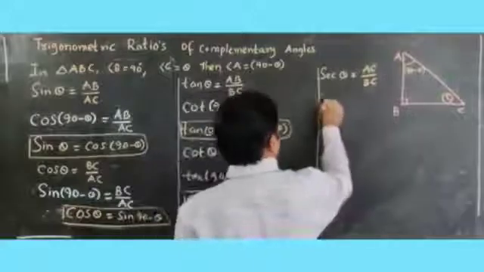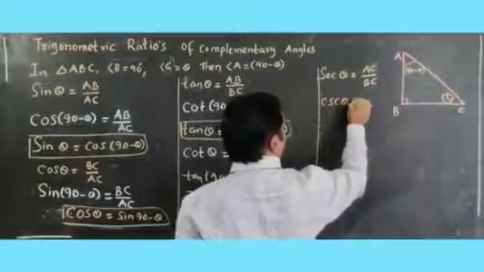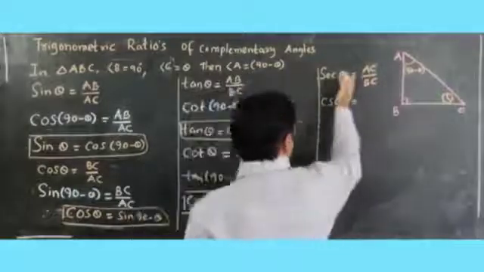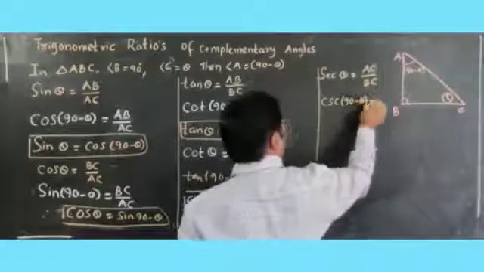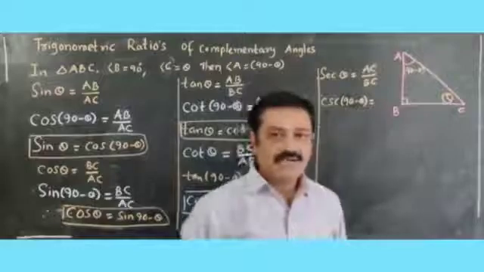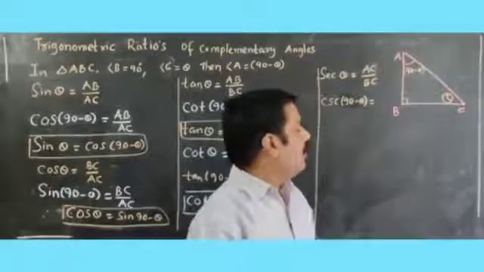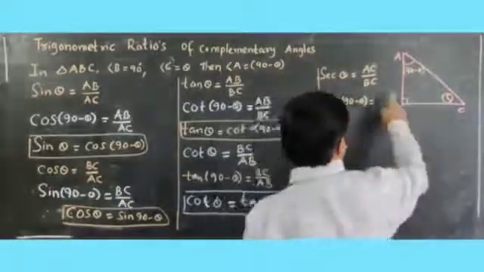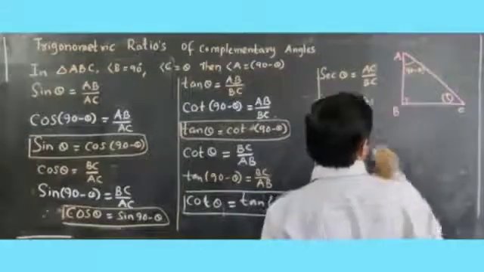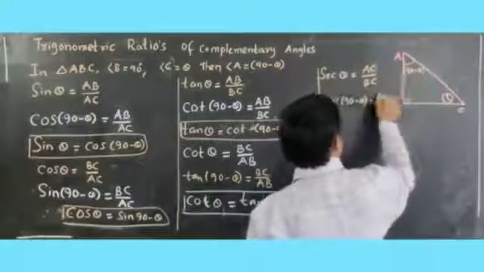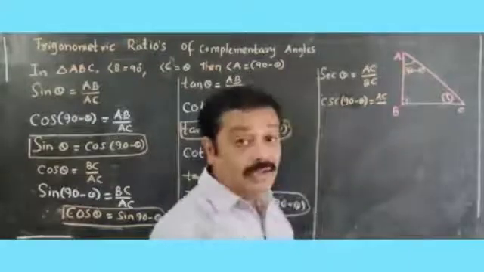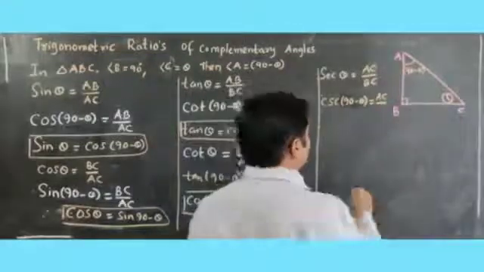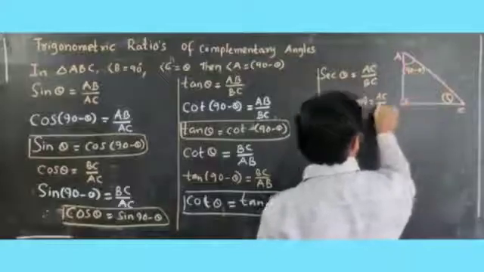Okay, find out cosec 90 minus theta. What we get? Cosec means hypotenuse by opposite side. Hypotenuse is always AC for that triangle, and opposite side to 90 minus theta is BC.